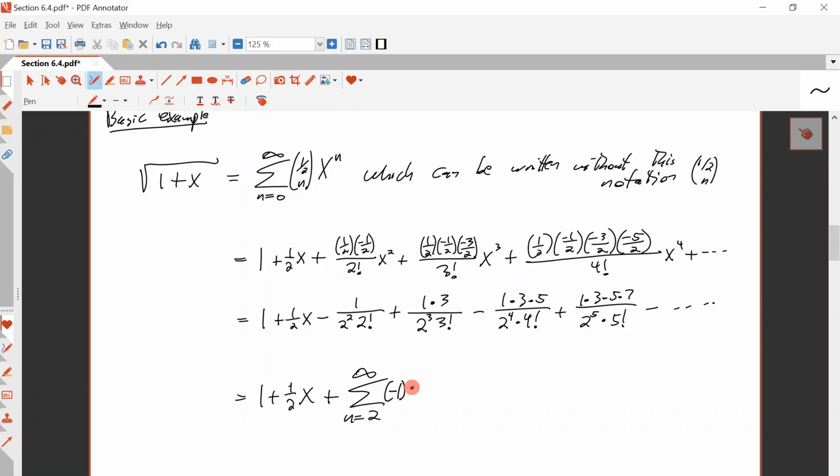So it's minus 1 to the n minus 1, starting with the negative at 2. 1 times 3 times 5 all the way to, for the fifth term you got 7, for the fourth term you got 5, so that's the odd number 2n minus 3, over 2 to the n times n factorial.